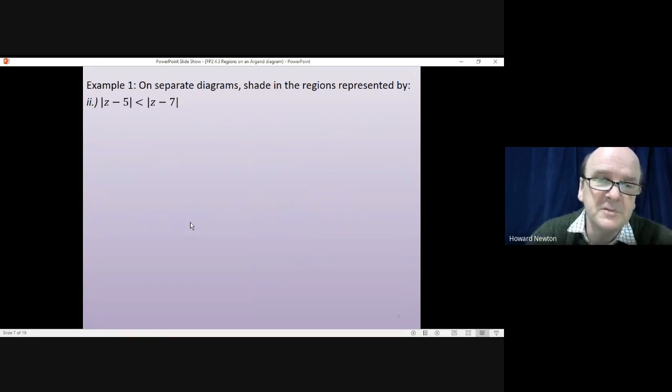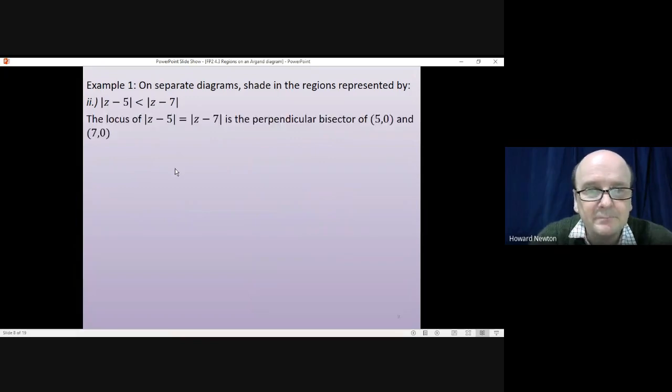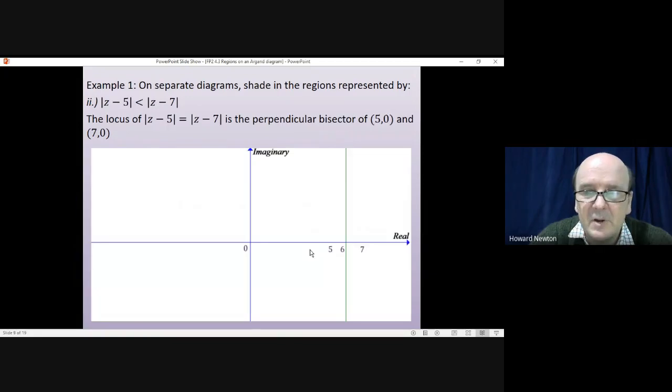The second one, the modulus of z minus 5 is less than the modulus of z minus 7. Again, first of all, just draw what you would have if it was an equation: the modulus of z minus 5 equals the modulus of z minus 7. That is the perpendicular bisector of the line joining (5, 0) and (7, 0), which is the line x equals 6.